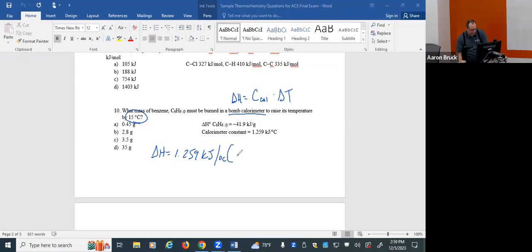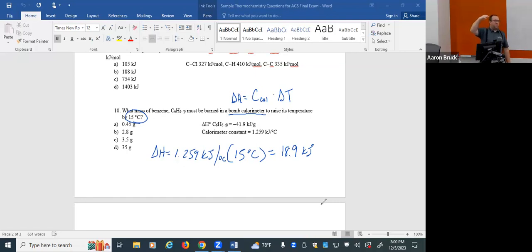Our change in temperature, 15 degrees Celsius. So if I do that calculation, I get 18.9 kilojoules. So that's how much energy has to go into the calorimeter to raise its temperature 15 degrees.